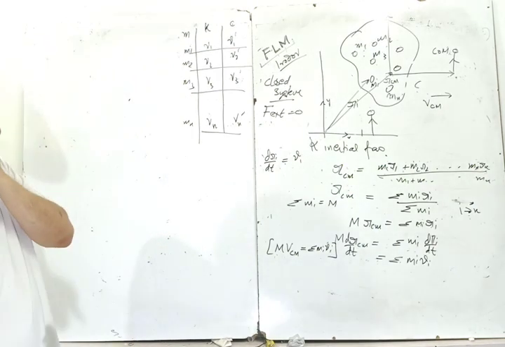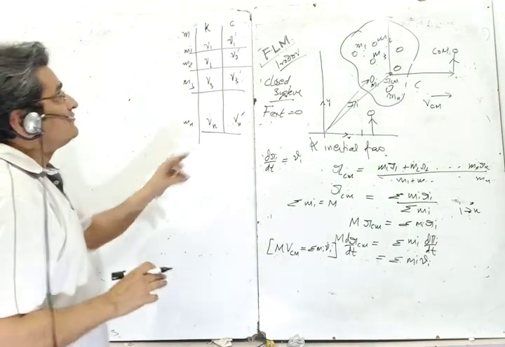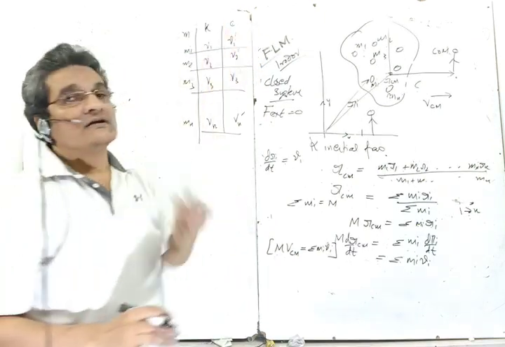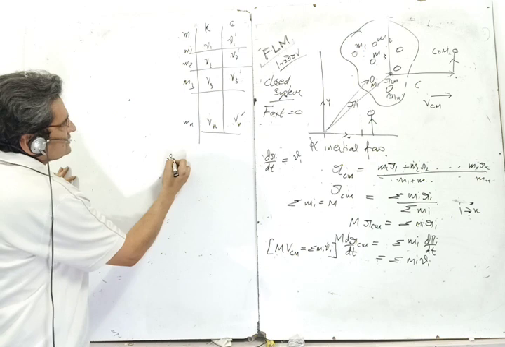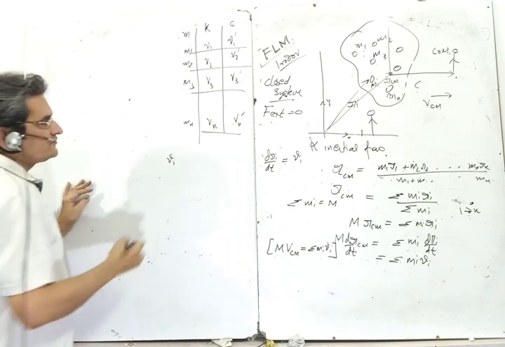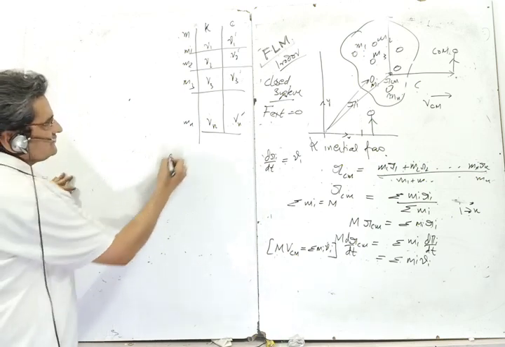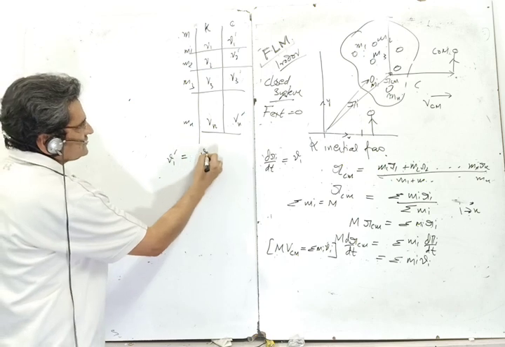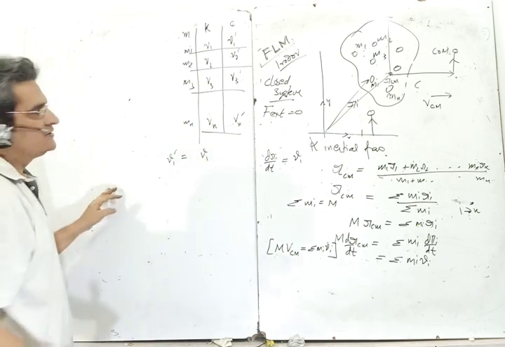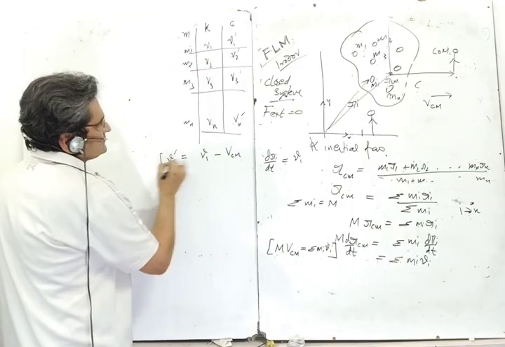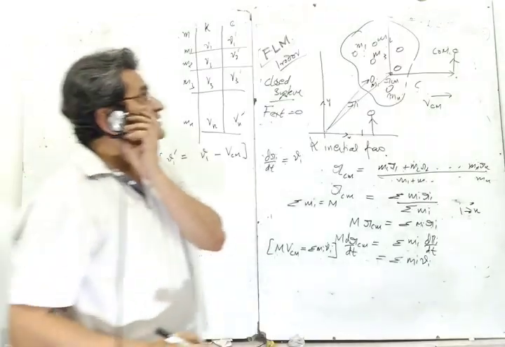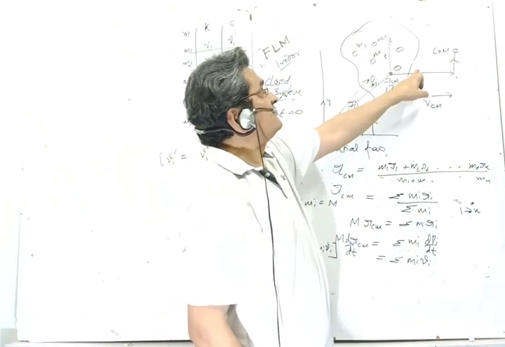What is the value of v1 dash? v1 dash, the velocity of the mass 1 in C frame, will be equal to its actual velocity, or the velocity in K frame, minus VCM, because it is nothing but the relative velocity, velocity relative to the center of mass.